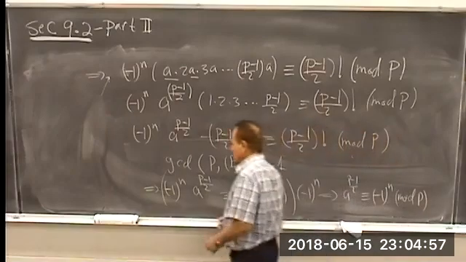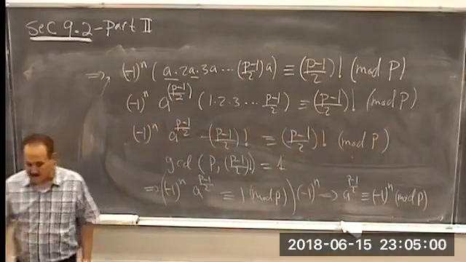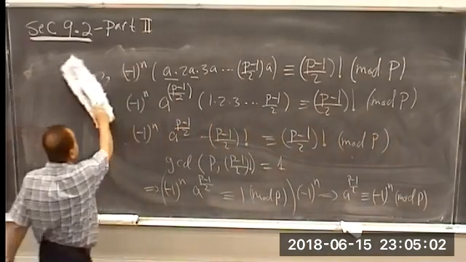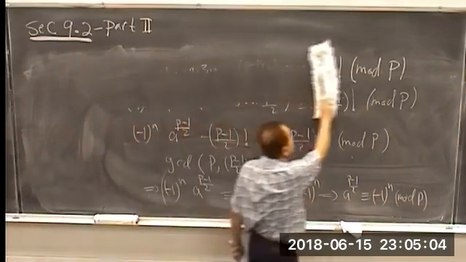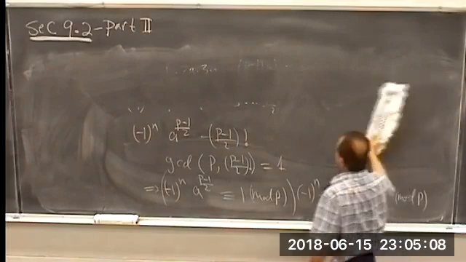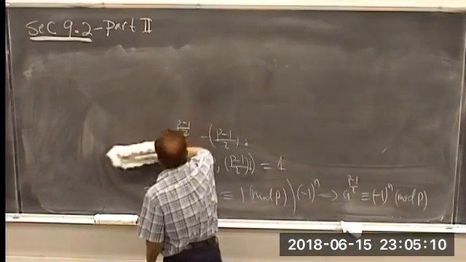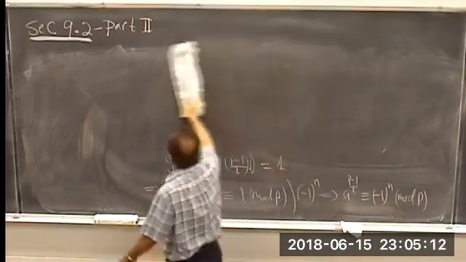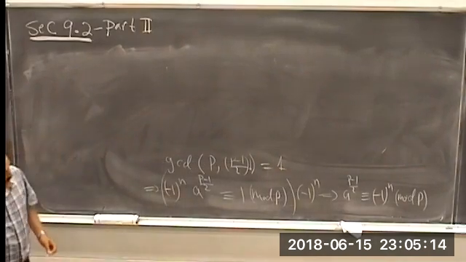Finally, we're going to bring in Euler's criterion. By Euler's criterion, the left side mod p is equal to the Legendre symbol, by Euler's criterion.